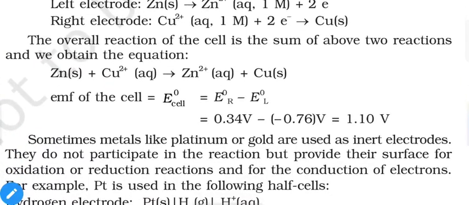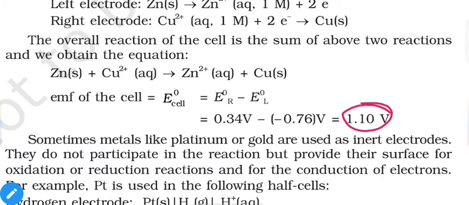Okay, so we can do one more method. When one of the half cells is known, then you can directly use it in the calculation. For example, suppose we calculated the value of copper, which is 0.34. Now when we attach the copper half cell with the zinc half cell as we did in the first cell, you can produce a cell output of 1.1 volt, which is mentioned here.